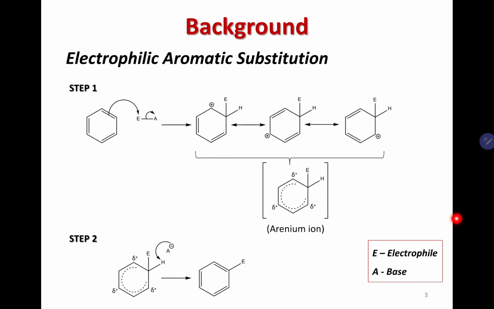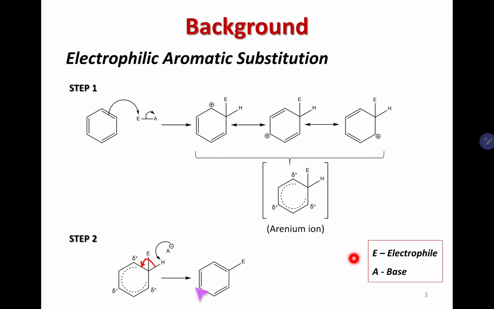And in the second step, what happens is that this arenium ion will regenerate the aromaticity by using the carbon hydrogen bond electrons to generate the aromatic ring. Okay, so basically a base or whatever the base that is present in this reaction will attack the hydrogen and the two electrons will be used to regenerate the aromaticity on benzene.